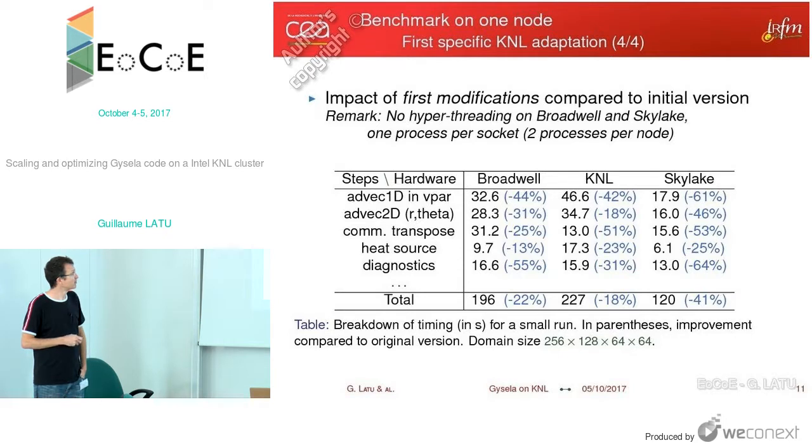And what we see also is Skylake is way better than the 2 other architectures. So advection in 1D, advection in 2D, we gain there. The communication transpose is also improved because within the communication we have also copy of buffers, so that's why we have improved this thing.